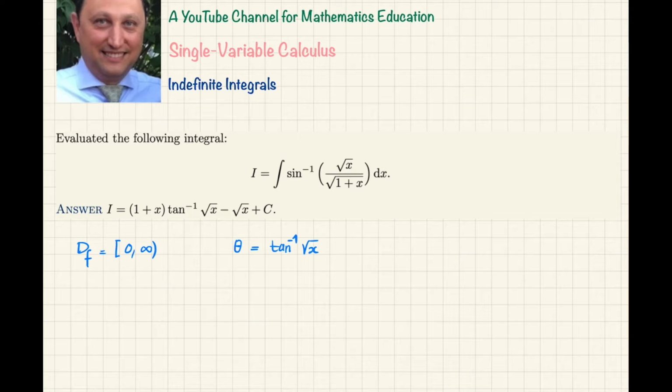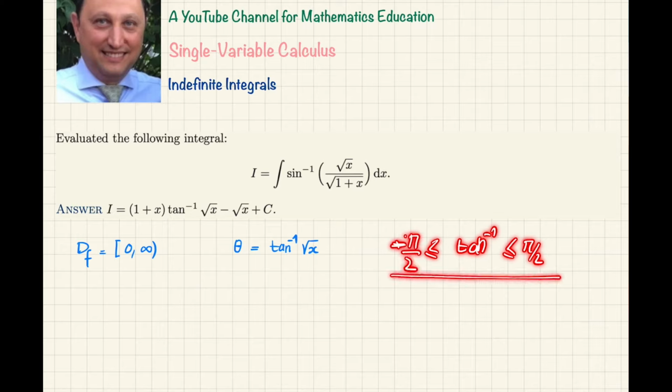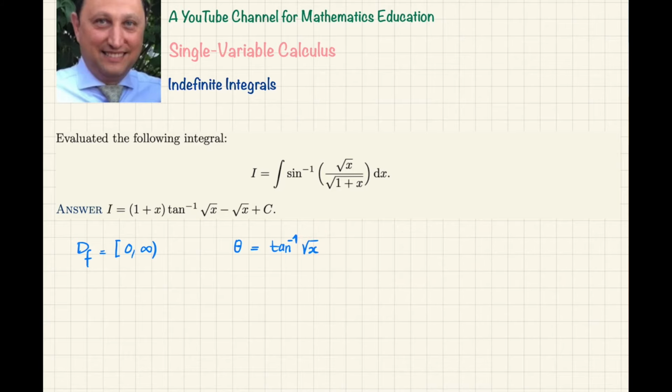We know that tangent inverse is in general between minus pi over 2 and pi over 2, and because the square root of x is positive, tangent of theta is the square root of x, and theta is a number between 0 and pi over 2.